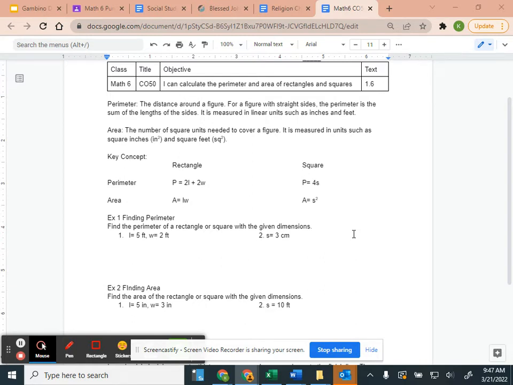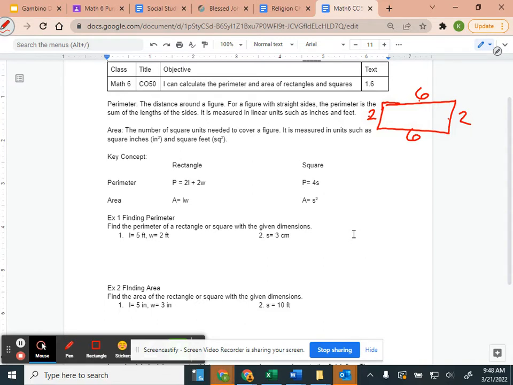So when we look at a perimeter of a rectangle, let's say this is 2 and this is 2, this is 6 and this is 6. The perimeter would be adding up all of our sides. So that's how we find the perimeter.